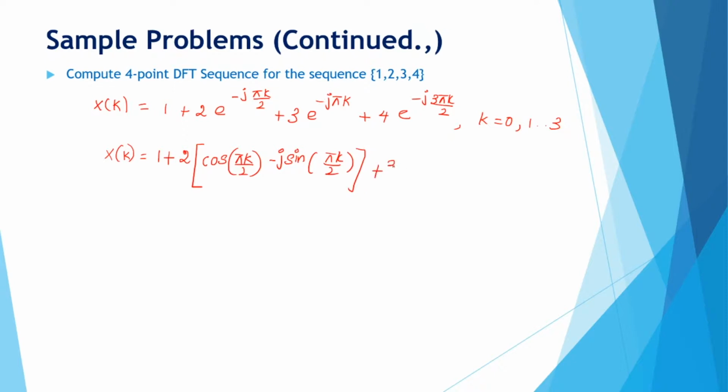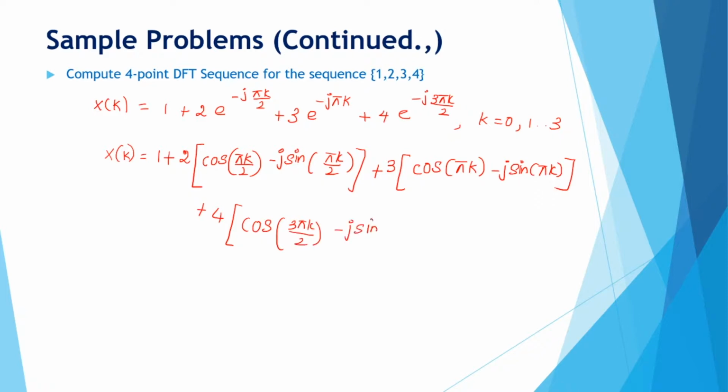Plus 3 into cos pi k minus j sine pi k, plus 4 into cos 3 pi k by 2 minus j sine 3 pi k by 2. Now you have to find for different values of k.